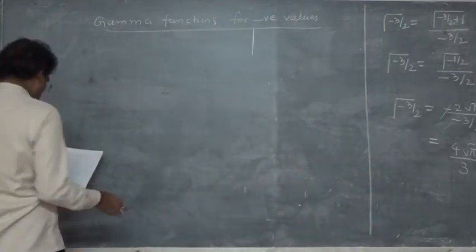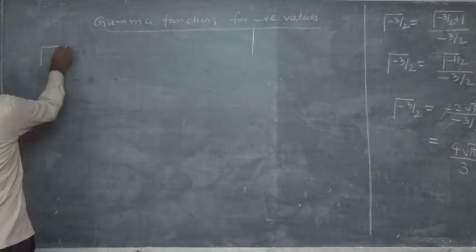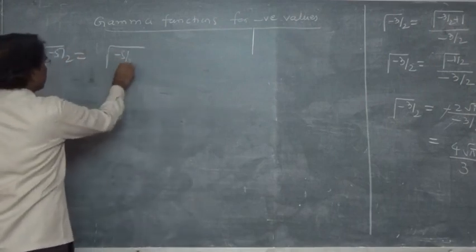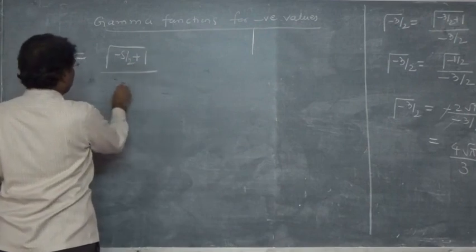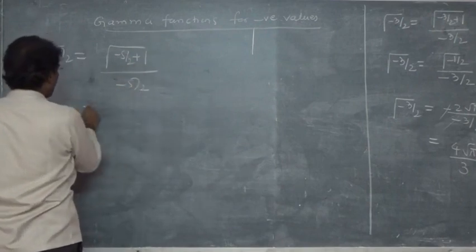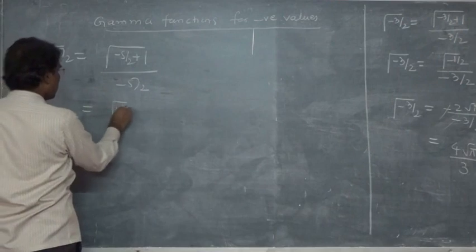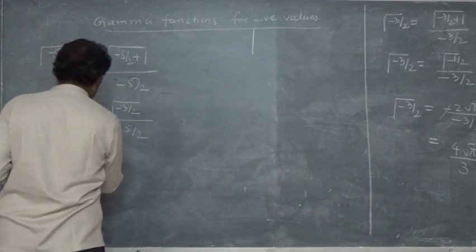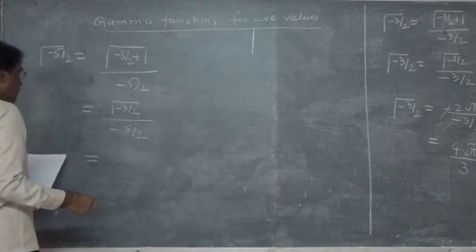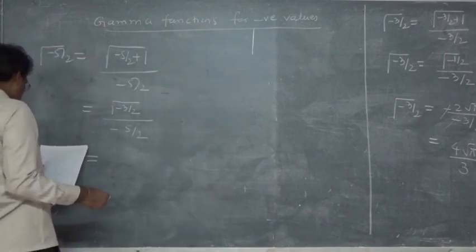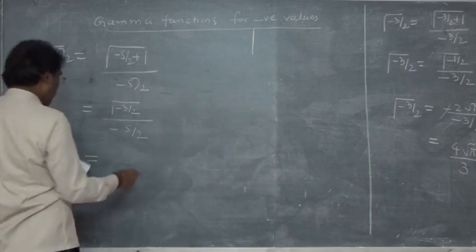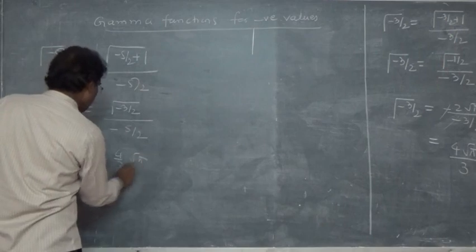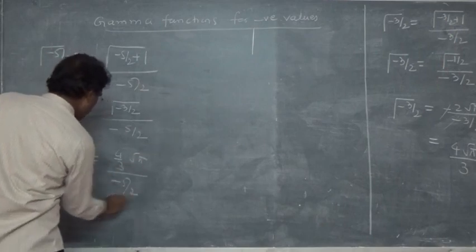Now, gamma minus 5 by 2. It can be written as gamma minus 5 by 2 plus 1 divided by minus 5 by 2, or gamma minus 3 by 2 divided by minus 5 by 2. Gamma minus 3 by 2, which we just calculated, is 4 by 3 root pi, divided by minus 5 by 2.